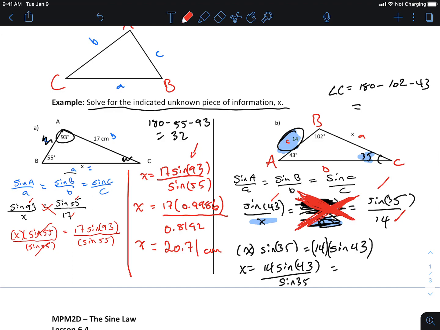I just cross multiplied x times sine 35. No, I mean the line after that. I just divided both sides by sine 35. Oh. Okay? We'll pick up there later, okay? We'll get a final answer.